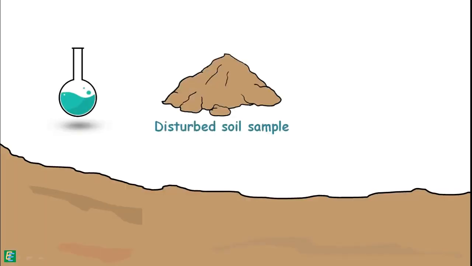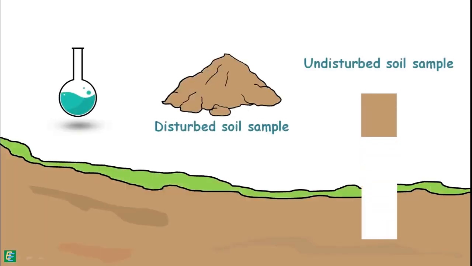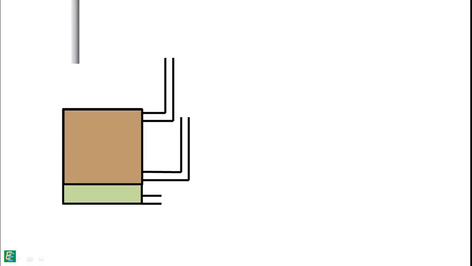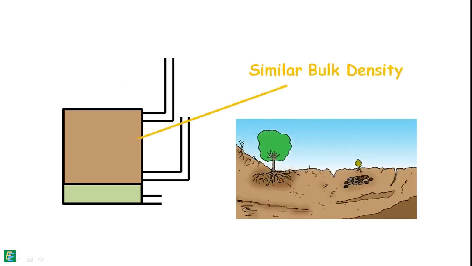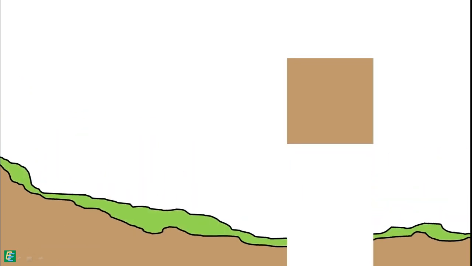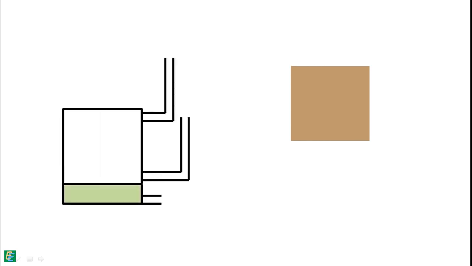We can perform this experiment for both disturbed and undisturbed soil samples. We fill the mold with our sample soil and compact it to a density which may be representative of the field conditions. Or for an undisturbed sample, we take out the soil sample from the ground and trim it to dimensions similar to those of the mold.